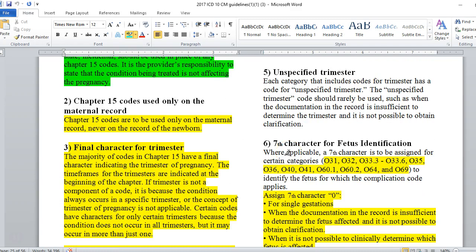Now, each category that includes codes for trimester has codes for an unspecified trimester. The unspecified trimester code should rarely be used, such as when documentation in the record is insufficient to determine the trimester and it is not possible to obtain clarification. So this is one of those things that we talk about from time to time.